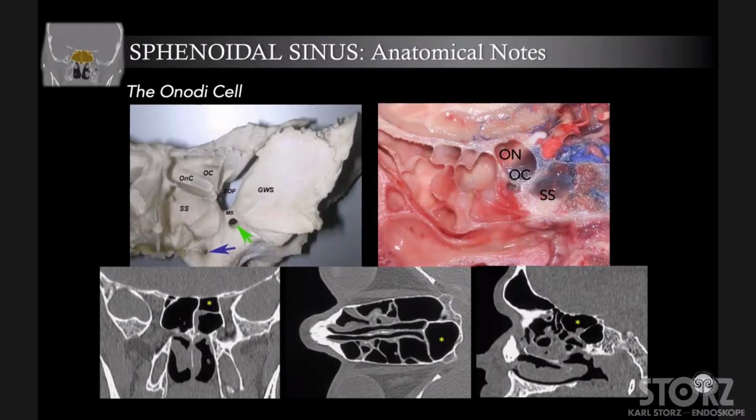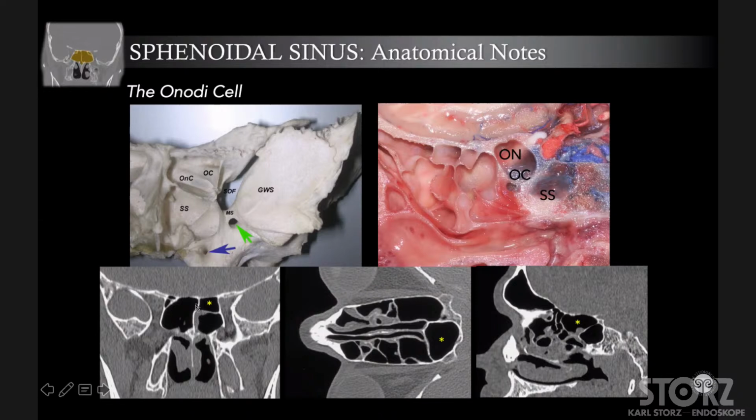Another important thing to have clear in mind is that sometimes some cells of the posterior ethmoid can overcome superiorly or laterally the sphenoid sinus. This cell of the posterior ethmoid is called the Onodi cell, and this is the CT scan where this is quite visible.